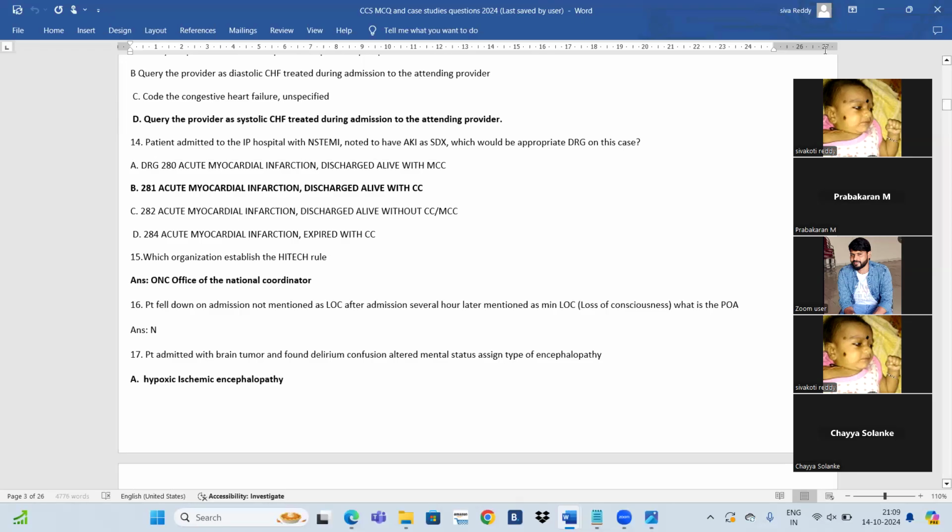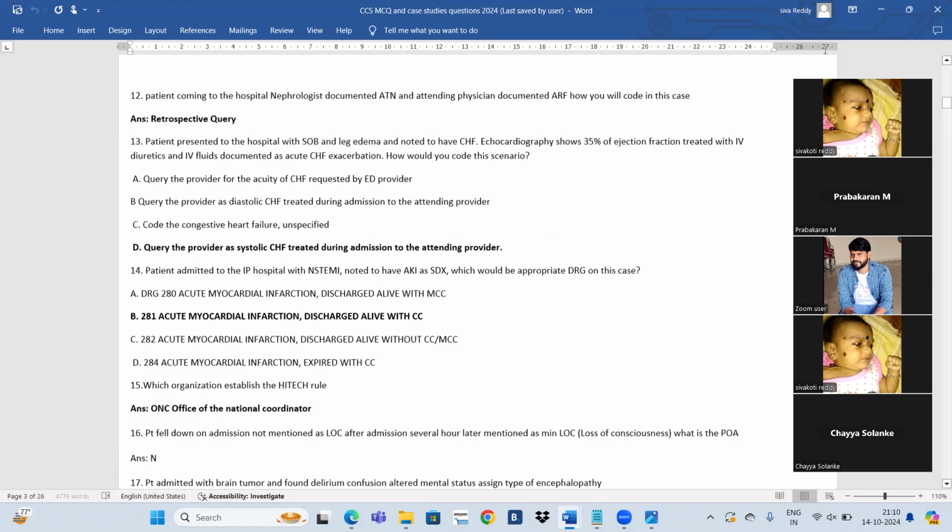Patient admitted to the inpatient hospital with NSTEMI, noted to have acute kidney injury as secondary diagnosis. Which would be the appropriate DRG? 280 is MI with MCC, 281 MI alive with CC, 282 no CC, no MCC, 284 expired. The patient did not expire, and acute kidney injury is a CC condition, so 281 is the answer.